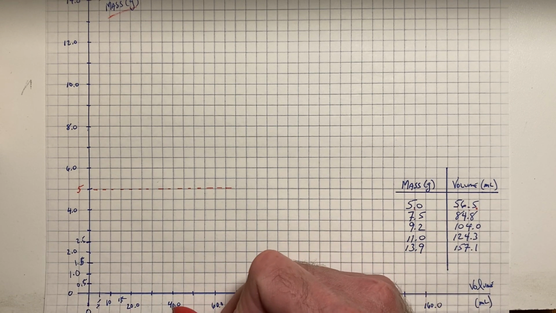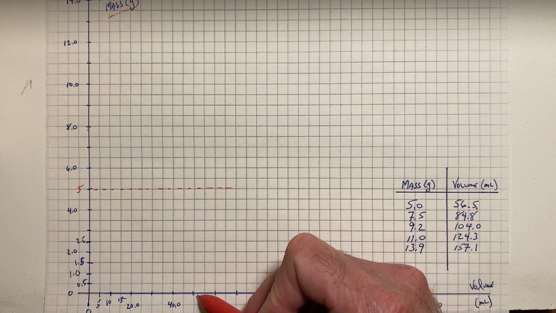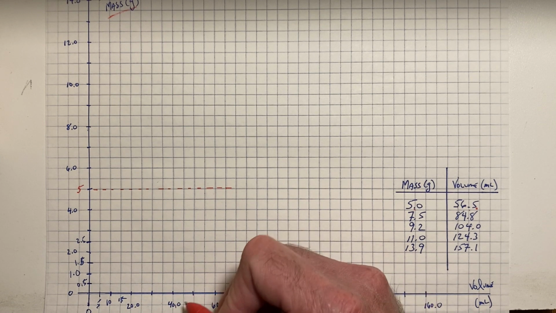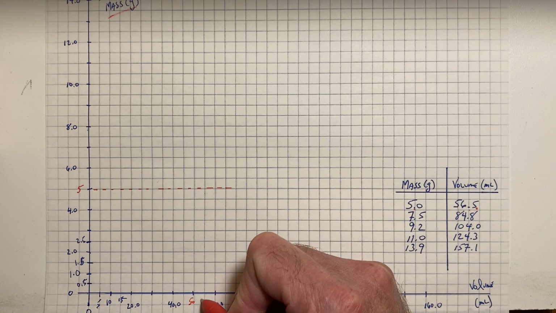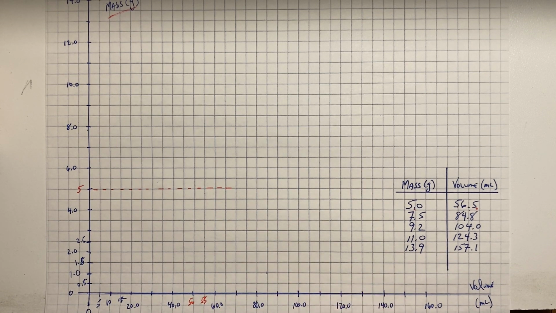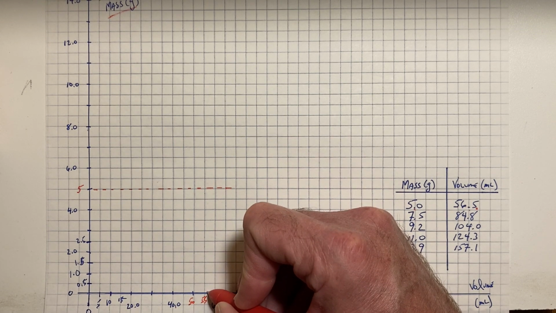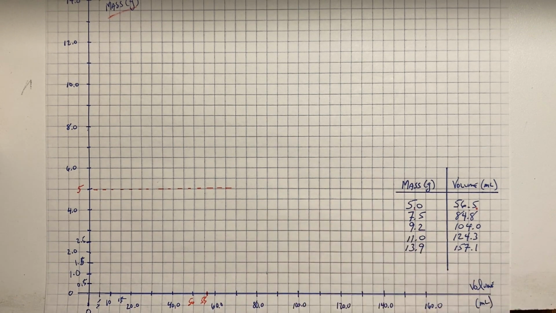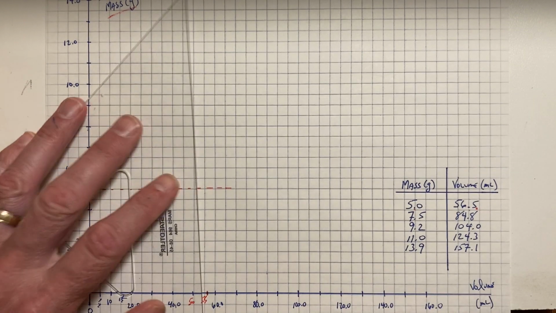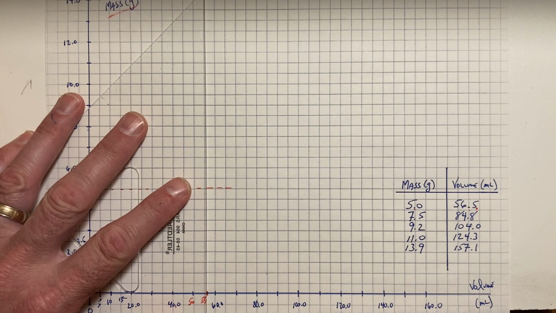Well, if this is 40, this must be 50. So here's 50. This must be 55. Where's 56.5? I'm not really sure. But I can guess that it's somewhere like here. And it's perfectly fine to guess. That's what I'm asking you to do, to estimate where 56.5 might be. And this is my estimate of where 56.5 would be.